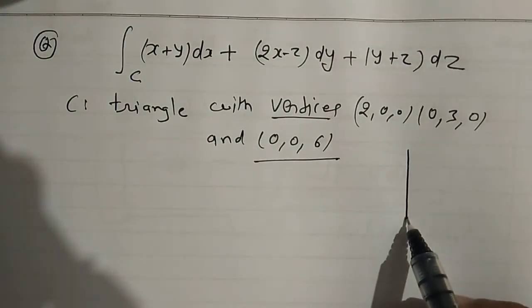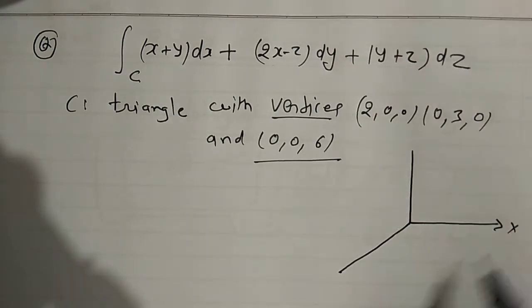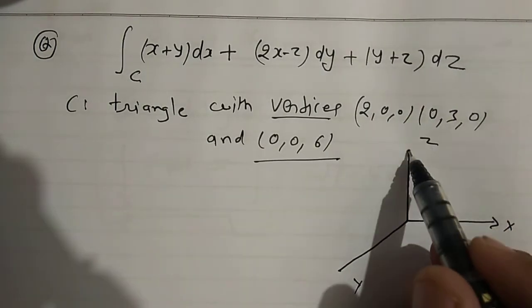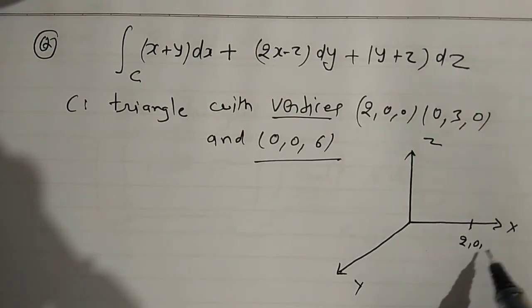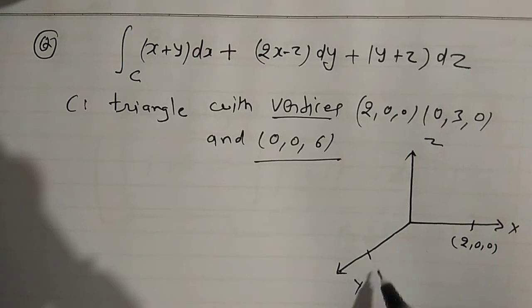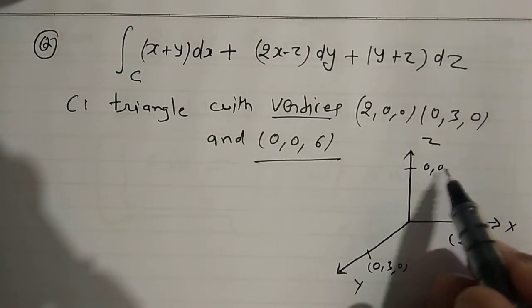If you want to draw this triangle, let me try here. So this is the x-axis, this is the y-axis, this is the z-axis. Here we have (2, 0, 0), here we have (0, 3, 0), and we have (0, 0, 6).